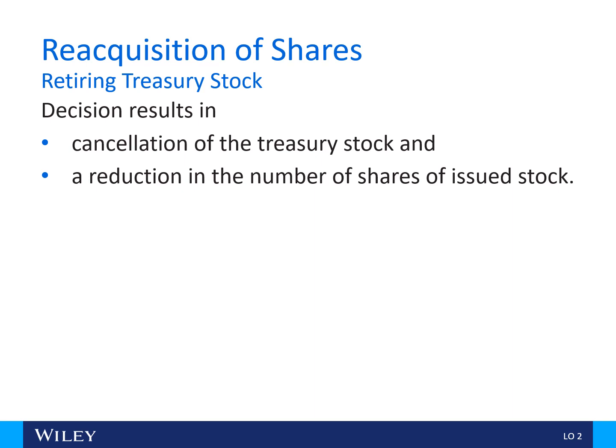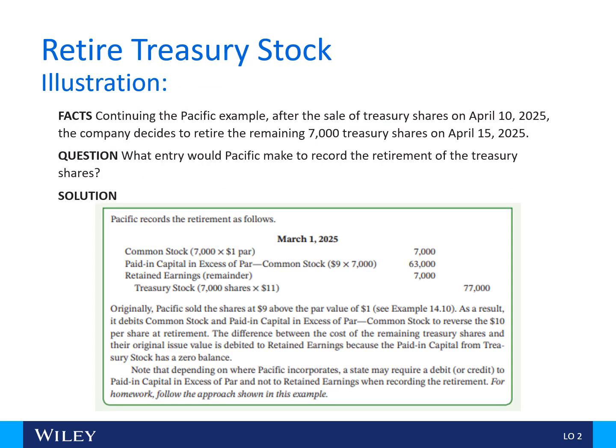So if you do, for whatever reason, reacquire some shares and then retire them, at that point the number of shares issued and outstanding will go back to being equal again. Generally, this is not something you would normally see on a quiz or an exam.